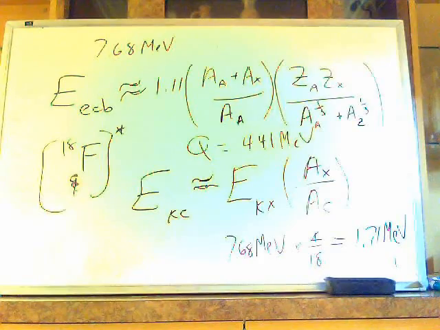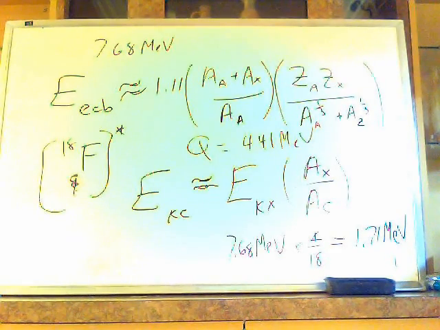Now, what else can we do with that? Well, if we take those two values and add them together, we can find out the excitation energy of the excited fluorine-18 nucleus. We do that by taking the energy value of the alpha particle that was emitted, the 7.68 million electron volts, adding to it the Q value that we just calculated, the 4.41 million electron volts, and then subtracting the negative 1.71 million electron volts that we calculated, which was the kinetic energy of the compound nucleus.